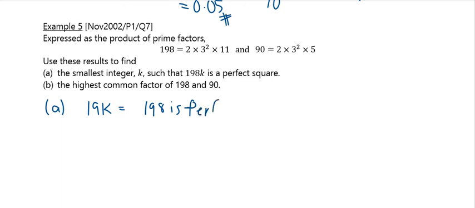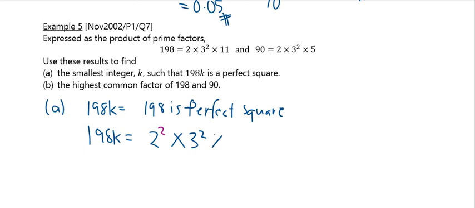Perfect square, right? So what you're going to do is, let's have a look at 198. When you try to make it a perfect square, the lacking number is going to be, you have to multiply 2 by 2 because here you want to make it 2 squared, and you have to make 11 also squared. So here I will do 198k equals 2, and then here 2 squared, and then you have here times 3 squared.